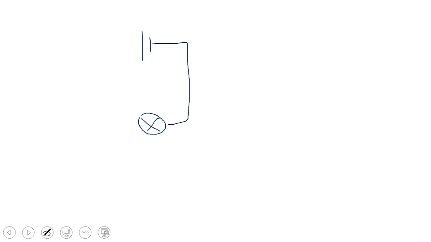So let's say we wanted to draw a battery. And then we're going to connect that to a light bulb. When we draw these, I like to draw rectangular lines.